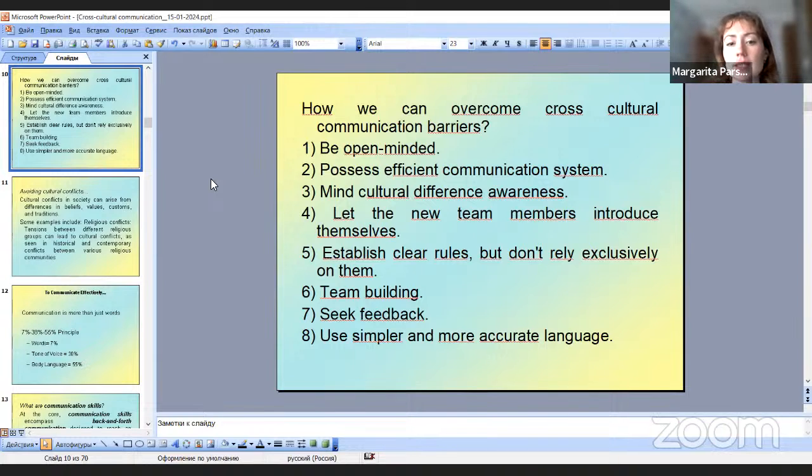Then the next, establish clear rules, but don't rely exclusively on them. You can say your rules, not like the rules of a game, but just say maybe some points for this negotiation process. You just try to speak clearly so that every member of this process understands.